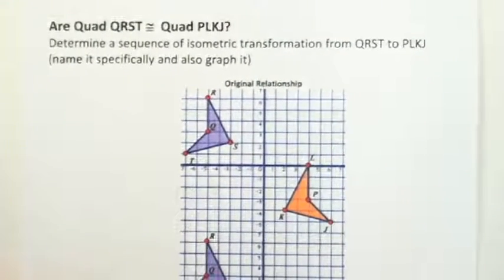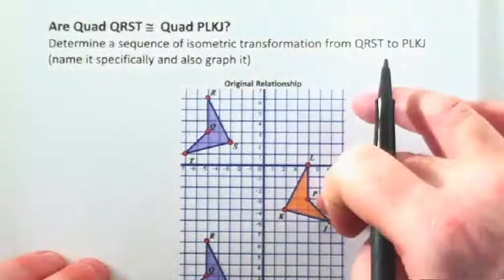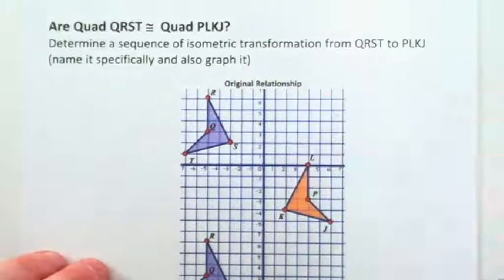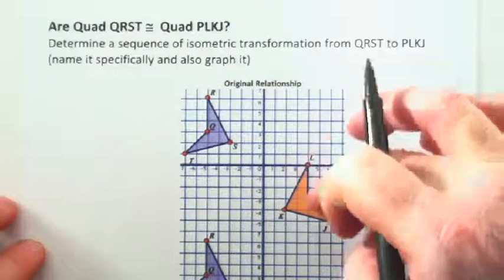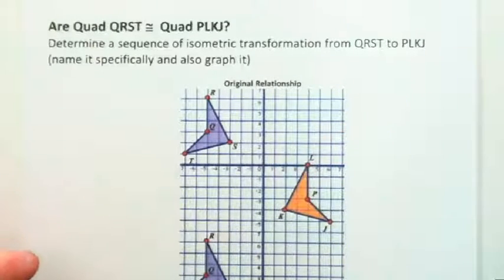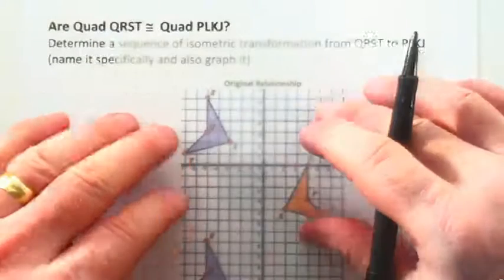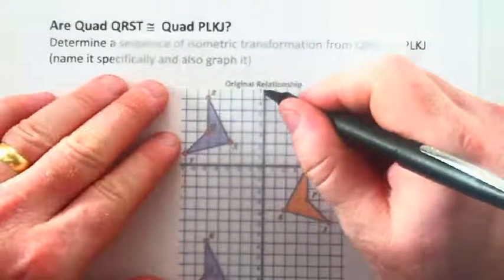One last little reinforcement here. Same idea. They're saying, can you describe a way to go from here to here to prove that they are indeed congruent? So the question is, are they congruent? And our answer is, if I can map this one onto this one, they are. For the sake of speed, I'm just going to show you using patty paper.